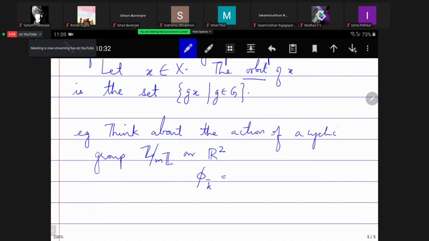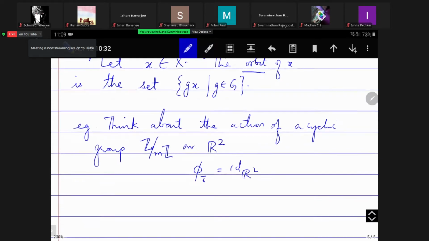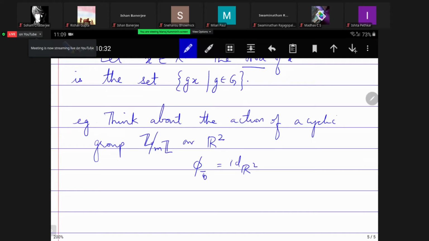So phi of 0 bar is the identity map on R2. Phi of 1 bar, because it's a cyclic group, and 1 bar will determine what every other group element does, is given by rotation by e to the 2 pi i divided by m, rotation by 2 pi divided by m.